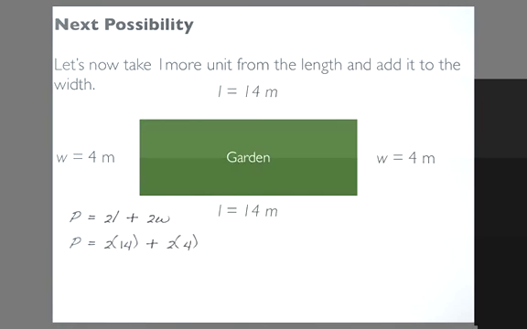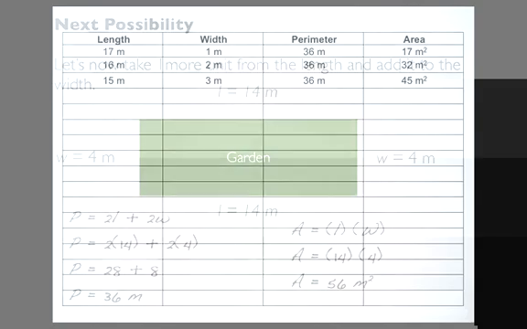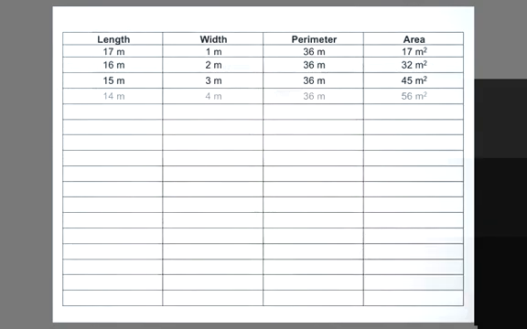We carry out our perimeter check, and again we get 36 meters. So we're using the amount of fencing that we have. The area is length times width, and we have 14 times 4, which is 56 meters. Back in our table, when we fill out this information, our length and width and our perimeter, we get an area that again is bigger at 56 meters squared.